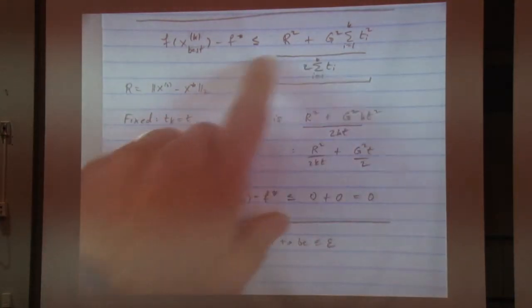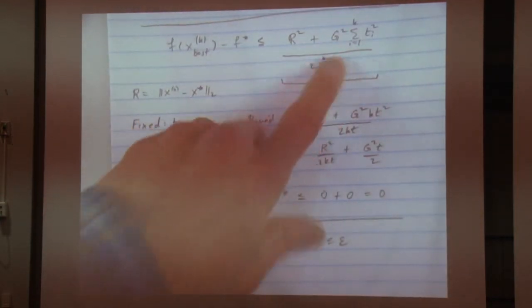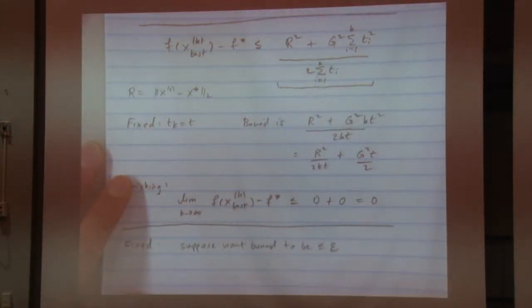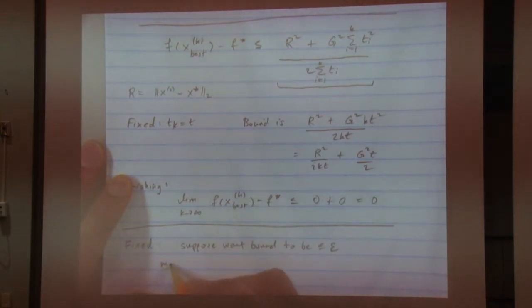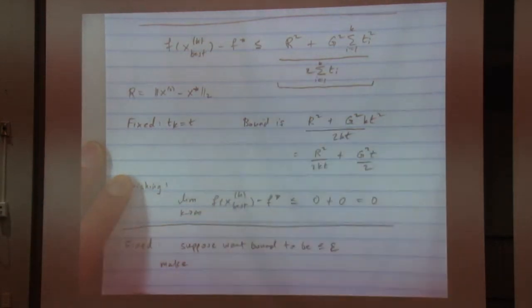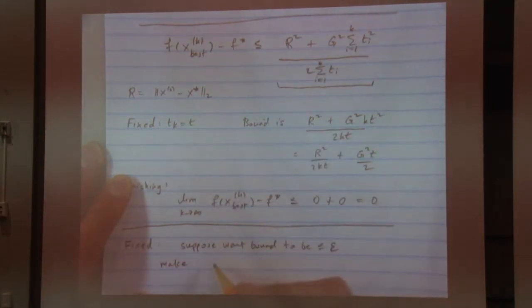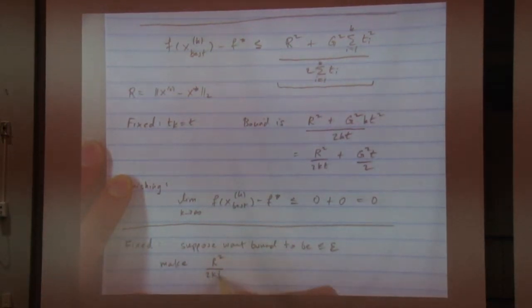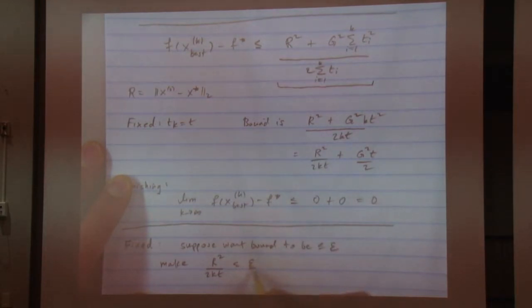There's two terms here. We're going to achieve this bound to be less than epsilon by making each of these two terms smaller than epsilon over 2. Remember, the step size was fixed. So we're going to make the first term smaller than or equal to epsilon over 2, we have to make r squared divided by 2 times k times t less than or equal to epsilon over 2.